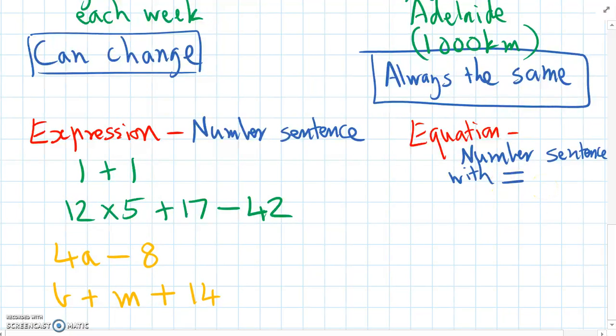So we've been using basic equations a lot too. 5 plus 3 equals 8. That's an equation. But now we can start using equations with variables and constants too. So 17 plus a equals b.